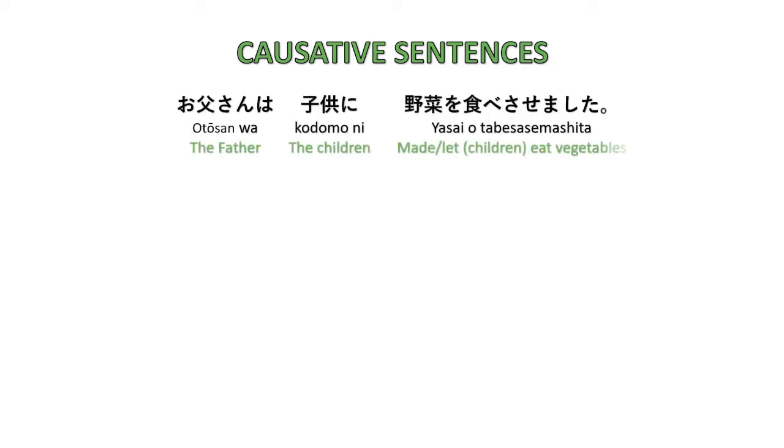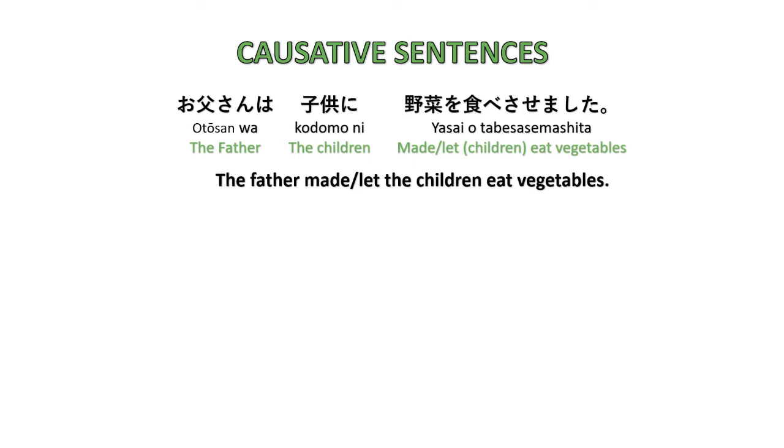Otou-san wa kodomo ni yasai o tabesasemashita. This could mean two things. It could mean the father made the children eat vegetables, or the father let the children eat vegetables. So we do not really know what the real meaning is.